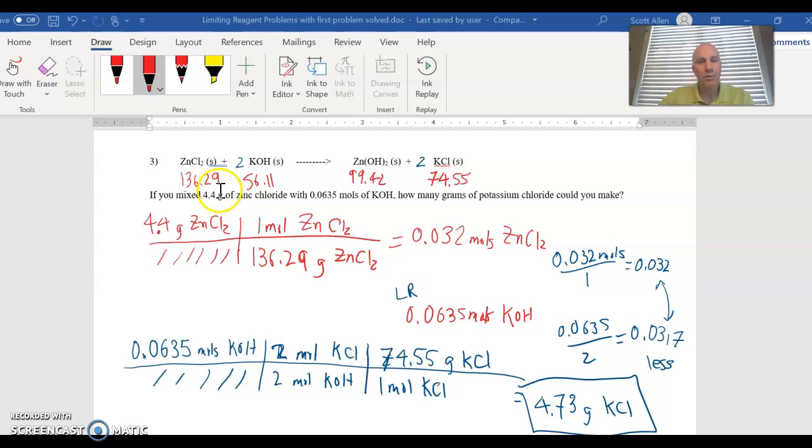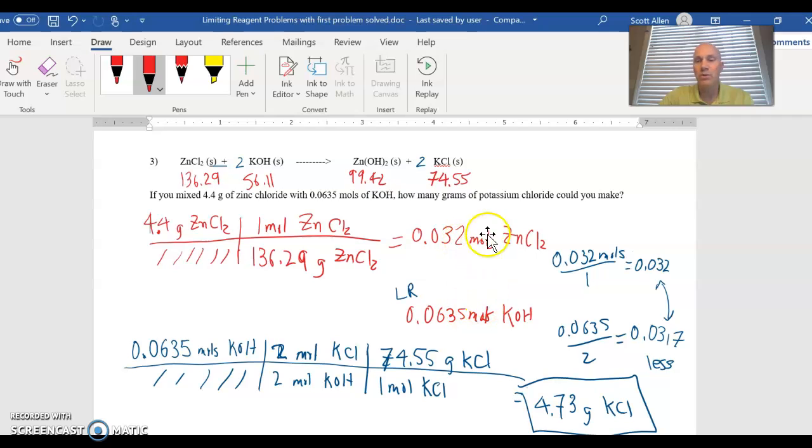Okay, the next problem. In this problem right here, we actually have one reagent given in grams and the other given in moles. For the one that's given in grams, the zinc chloride, we have to convert that to moles. We're going to compare that to the number of moles of potassium hydroxide, but that number is already given for you. So I can compare this number to this number. Again, this number right here comes straight from the problem, whereas the number of moles of zinc chloride, I had to calculate from grams.